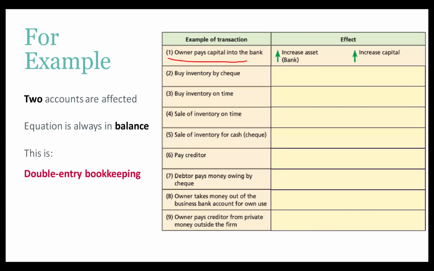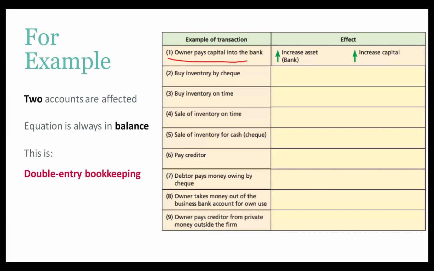The inventories will go up, and at the same time the cash asset, which is our check, the money in the bank, will have to decrease.